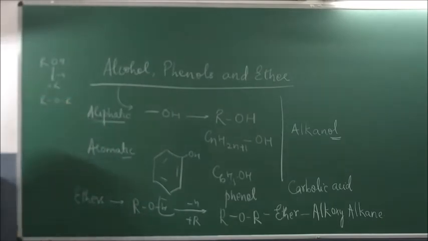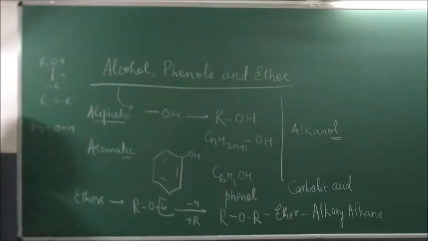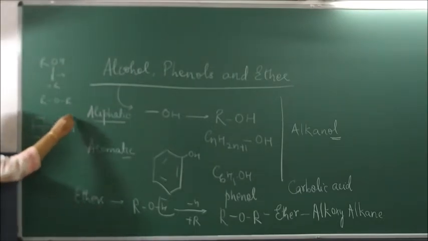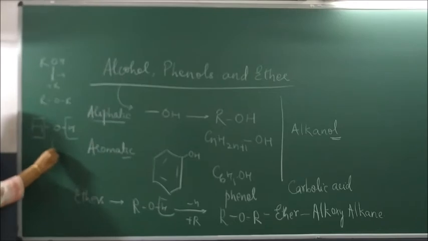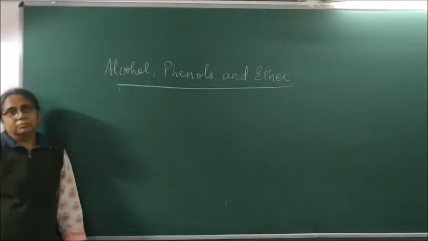Ethers are also said to be the alkyl derivative of water. If I remove H2 and add 2 R, the dialkyl derivative of water is called as what? Ether. Alkoxyalkane.